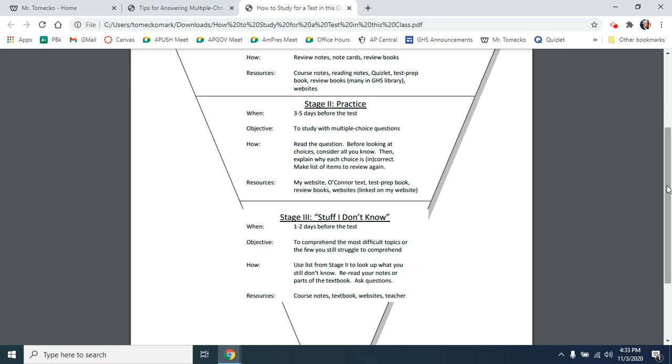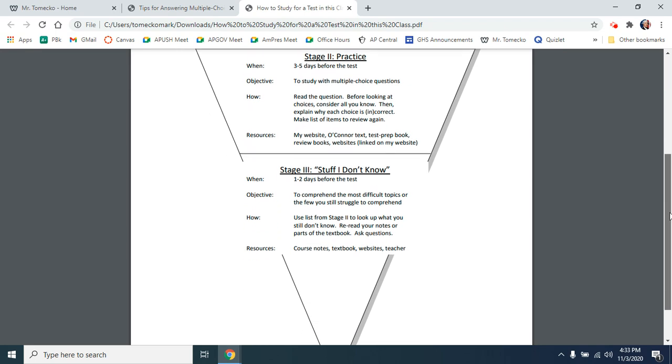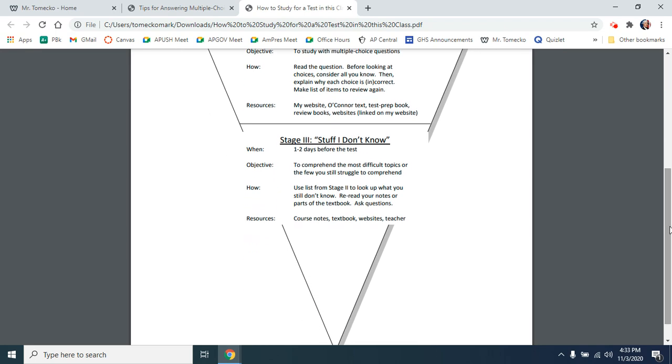And by now, what you need to study or what you don't feel good about is getting less and less. Finally, in the third stage, where you're focusing in on and reviewing or asking questions about the few things that still trip you up, by this point, what you still don't know for the test is getting less and less, hopefully down to nothing.